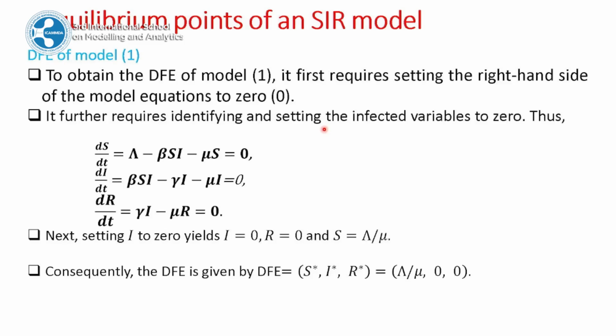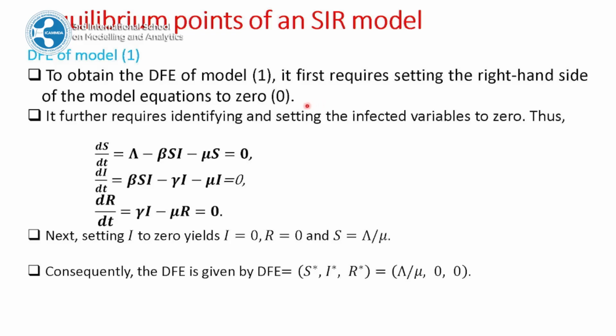Okay, so we first of all want to look at the disease-free equilibrium of this model. To obtain the disease-free equilibrium of model 1 or any compartmental model, it first requires that we set the right-hand side of the model equation to 0.